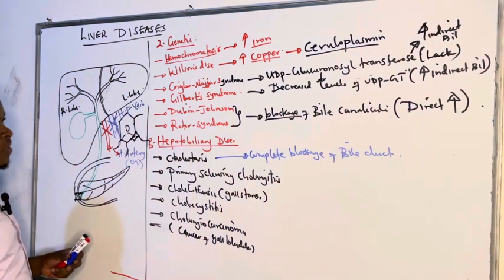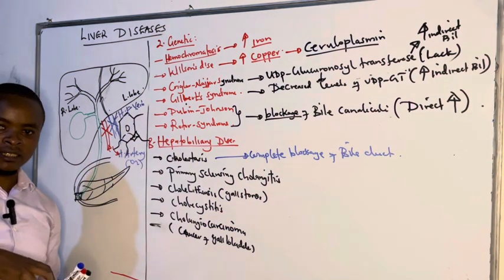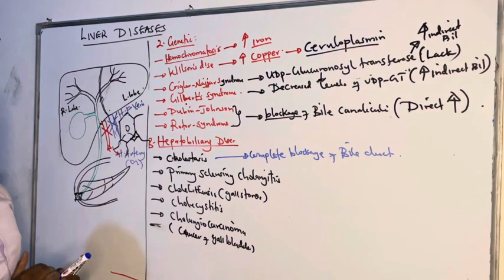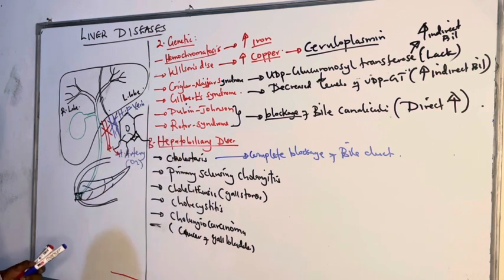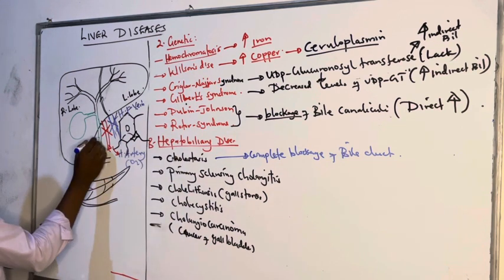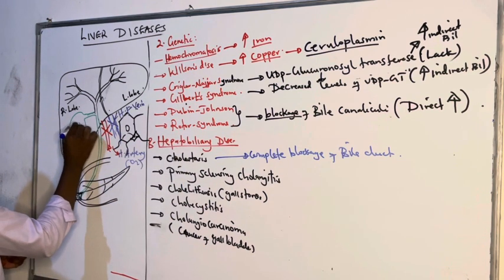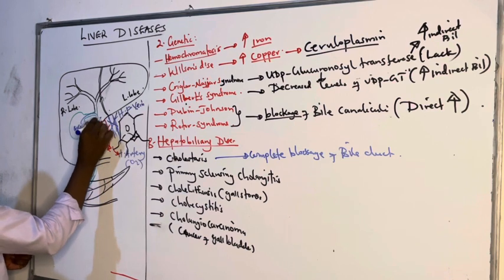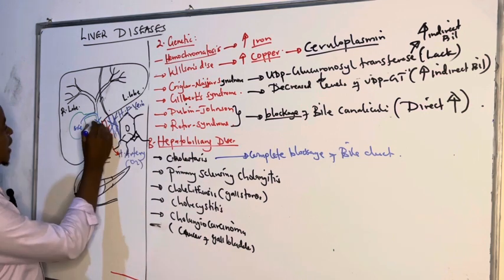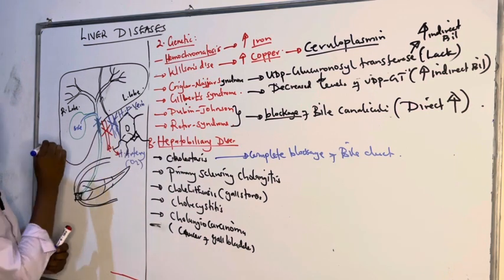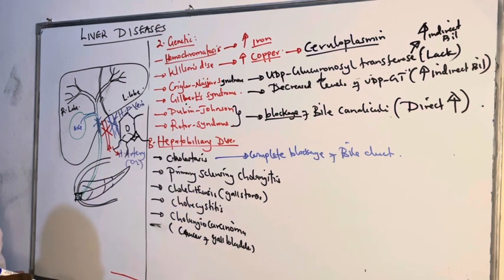Because these hepatobiliary causes can either be intrahepatic or extrahepatic. And cholestasis is one of the extrahepatic causes, whereby there is blockage. Whenever the bile is flowing from the gallbladder, it is blocked at the common bile duct. So a condition that blocks this bile duct is what we call cholestasis.